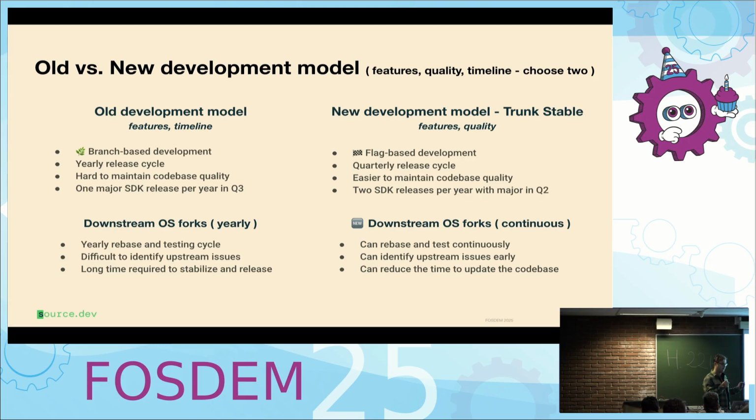I think the last thing I'll say on this slide is that this is primarily for Android proper, so Android phones, but you will see some of these trickling down to the other verticals. So if you're doing automotive, wear, or anything else Android related, sooner or later this would be coming your way.